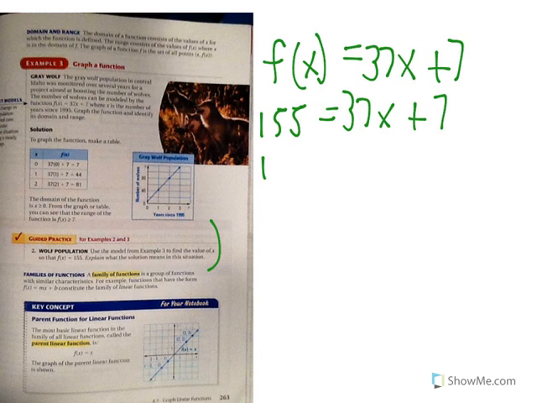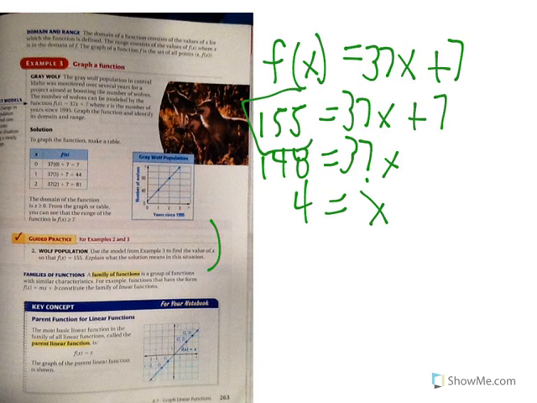You end up with 148 is equal to 37x. Then we divide both sides by 37, and it's actually going to be equal to 4. So that's going to be the value of x when the function's value is 155. Again, very similar to what we've done before.